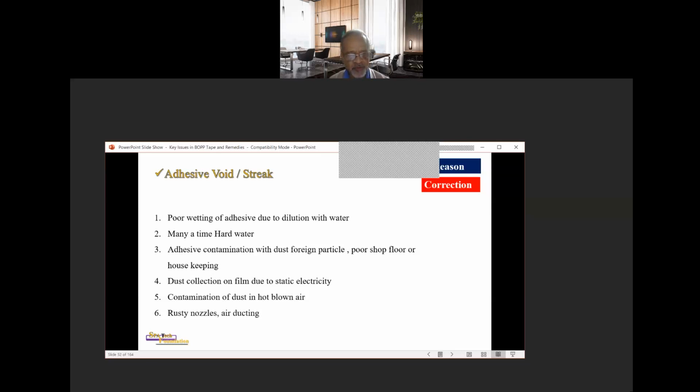As time goes, if the plant is situated in areas like coastal areas where humidity is high and the air is salty, it results in rusting of the surfaces inside and gives rise to a lot of rust or dust in small particle size. As time goes on, this rust gets delaminated from the surface and easily contaminates the hot air blown inside.